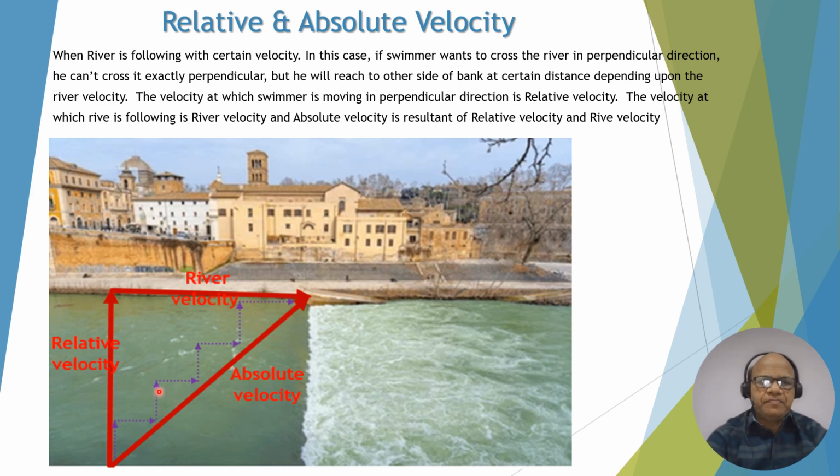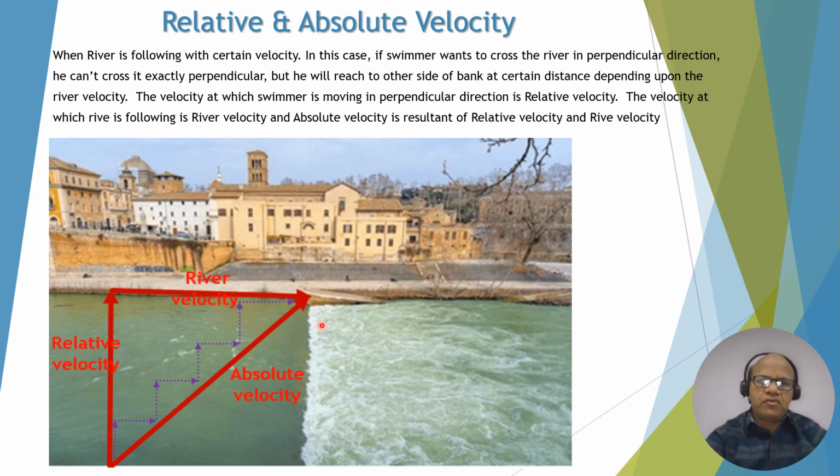Similarly, the next time he moves here, again the water carries him away to this point. Same way he moves further in this direction, the water brings him back to this point, and finally he reaches this point and the water carries him to this point. So you see, this is the movement or velocity of the body, the actual velocity.